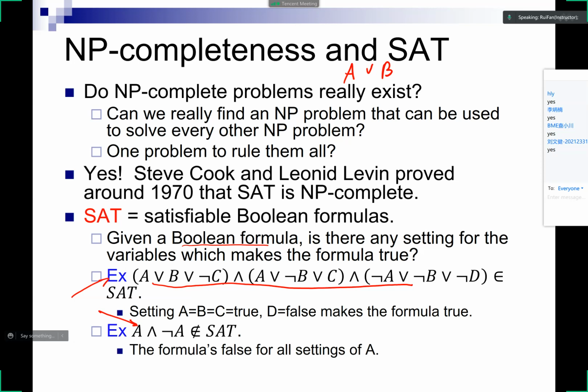Because all the computations your computer does are done using bits, true or false, and the only operations you need are AND operations, OR operations, and negation operations. You can build any computer out of these three operations. And so you can model the entire computation your computer does using a very, very large SAT formula.